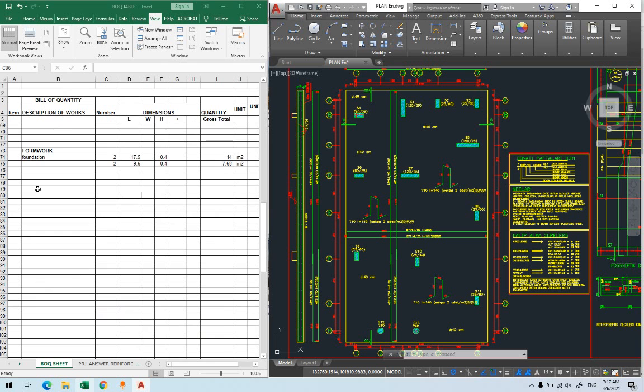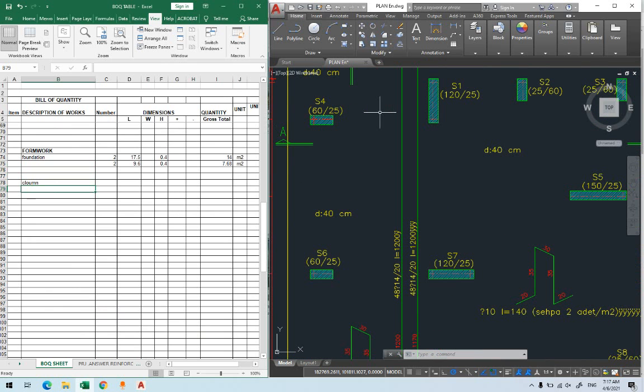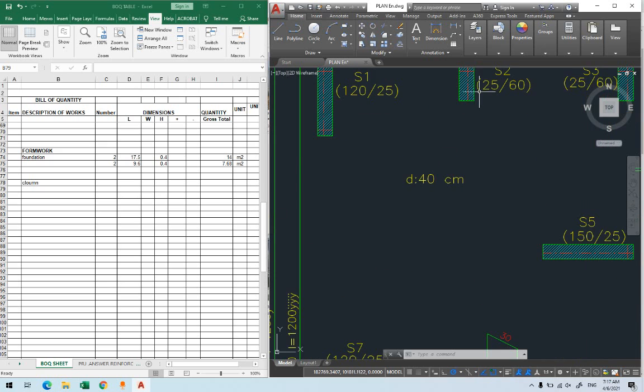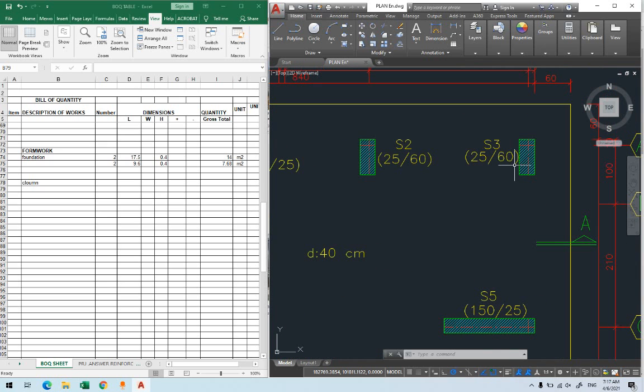Now let's say I'm choosing one of the column. So you can write here this is foundation, and you can come here columns. On the columns I'll write, for example, let's say I'll start with S2. S2 is 2560. We have a lot of 2560 years. Now I will write S2.